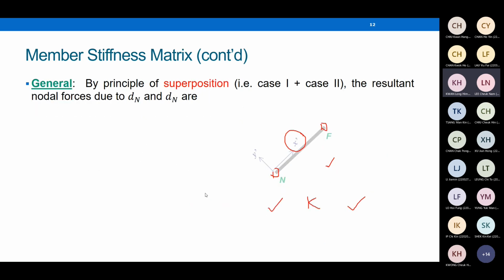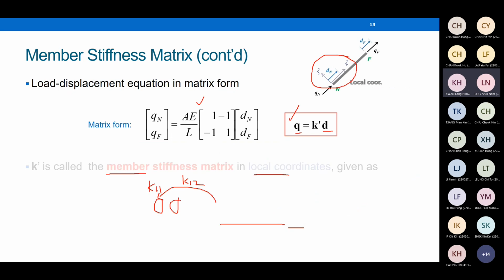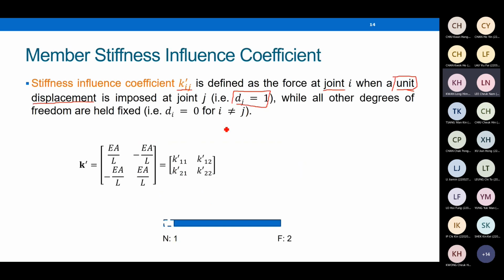So you can use this to explain the meaning of the elements inside the stiffness matrix. They are also related to forces under unit displacement. If you understand this concept, you can also use it to derive the stiffness matrix.